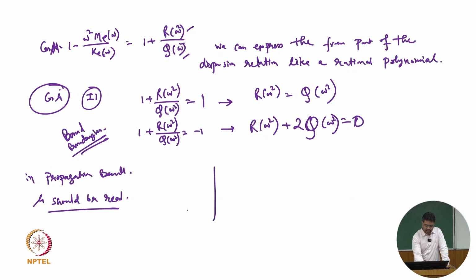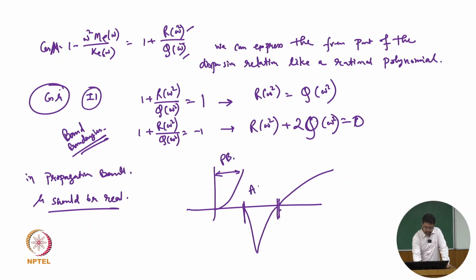So band boundaries means, suppose you see the plot, it goes up, then it goes here, and then it goes like this. So in this region, it is a propagation band, PB, this region is an attenuation band, AB, and this region is again a propagation band, PB.